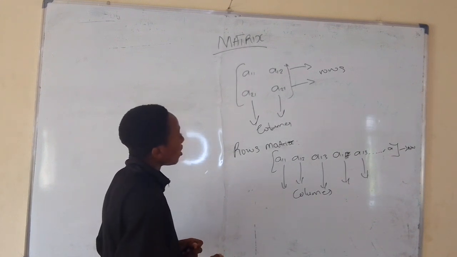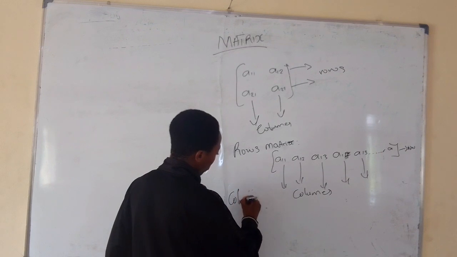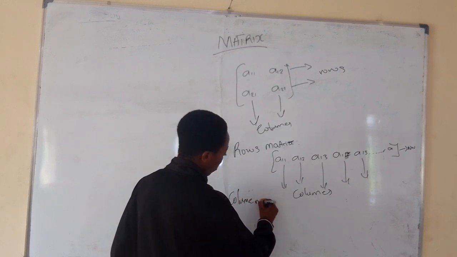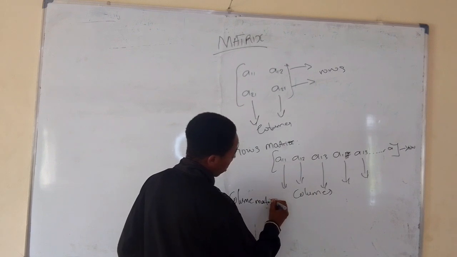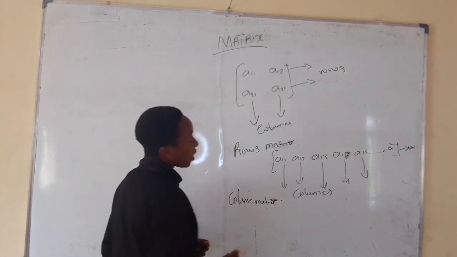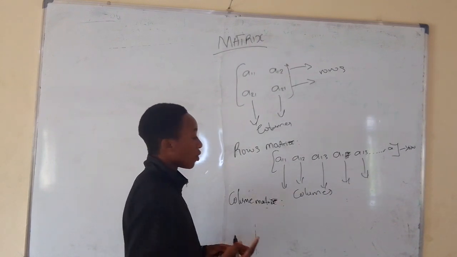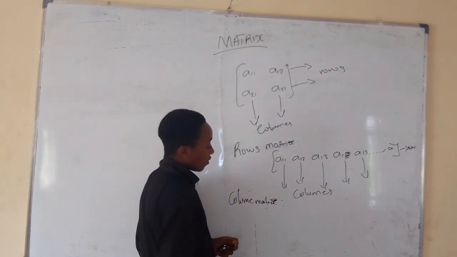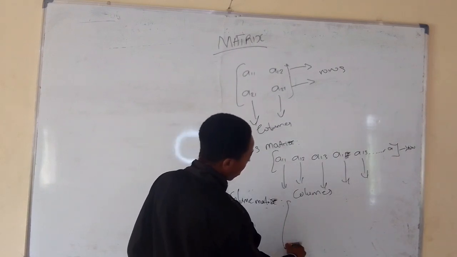Then we have the column matrix. It's just the opposite of the row matrix. In a column matrix, we have just one column but multiple rows. For example, we have something like this.